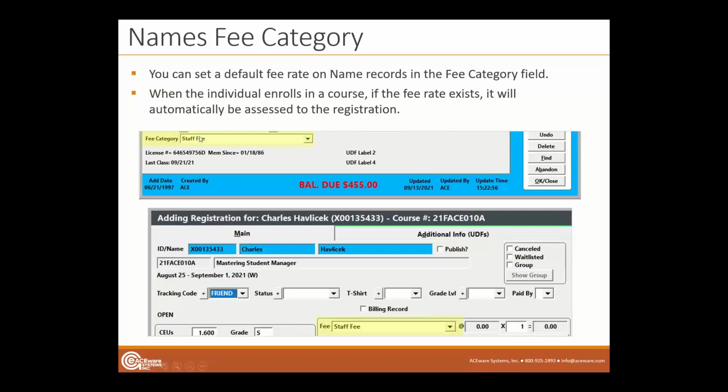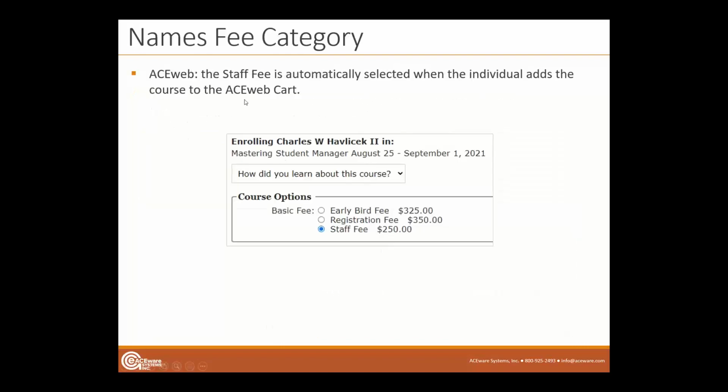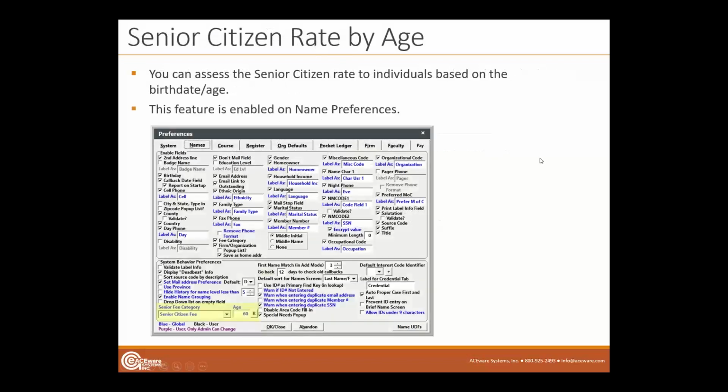If you have a fee category per that name, and you have a fee called that, when they register for that class, they automatically get that fee rate, whether it be within Student Manager or online. And that's just saying that here. The staff fee is automatically assessed because they are in the fee category.